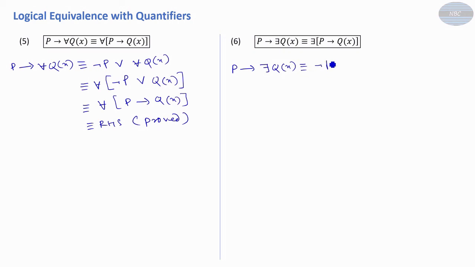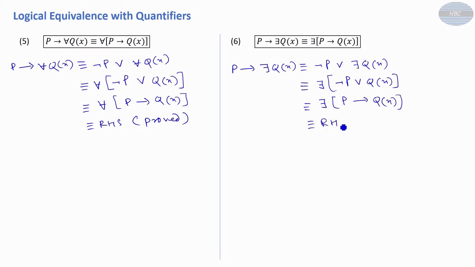It can be written as not P, or there exists x, Q(x), which is equivalent to, taking this existential quantifier out and writing the expression in the square bracket, not P or Q(x). So this is equivalent to P conditional Q(x). This is the right hand side, hence it is proved.